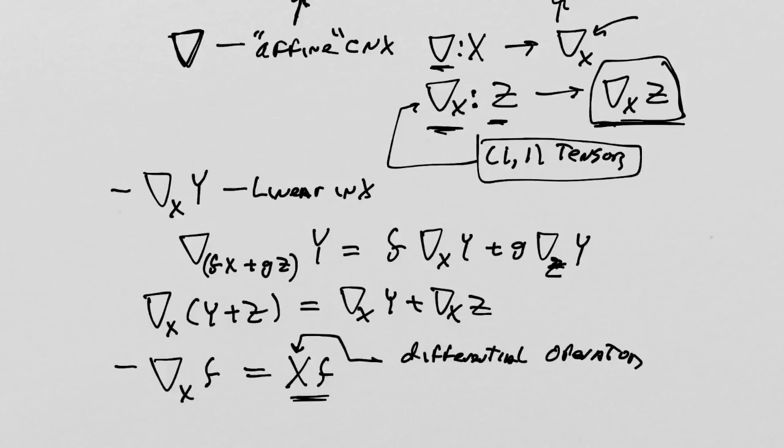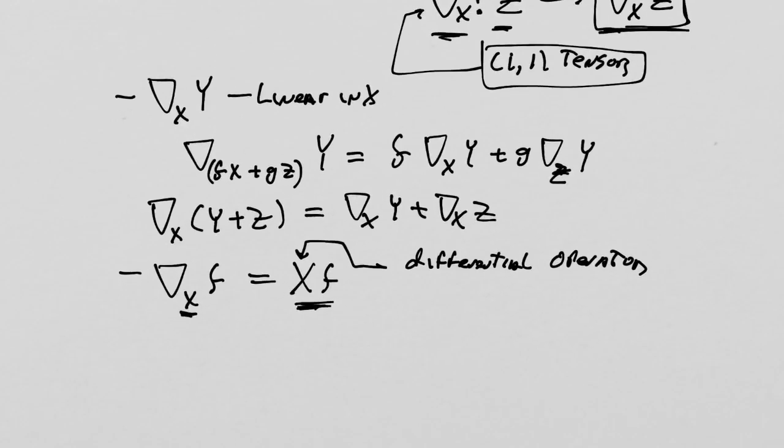So when all you're dealing with is a function, you're just taking that differential operator, acting on the function, and you get another function out. And that's the right thing, because the derivative of a function is also going to be a function. So this is good. So this is part of our requirements.